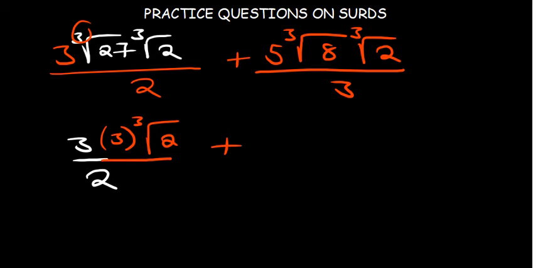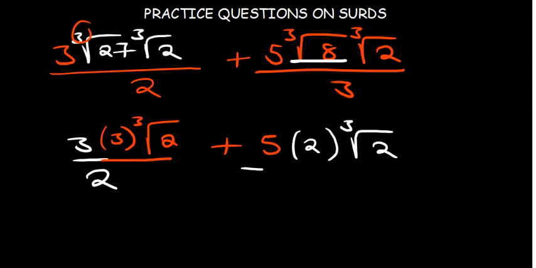Plus 5. The third root of 8 on the other side is going to be a 2. You can multiply it 3 times to give you that. Then we have the third root of 2 over 3.